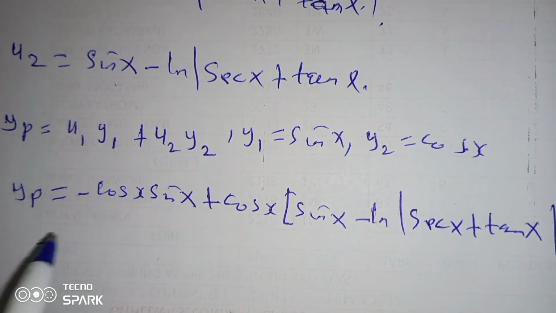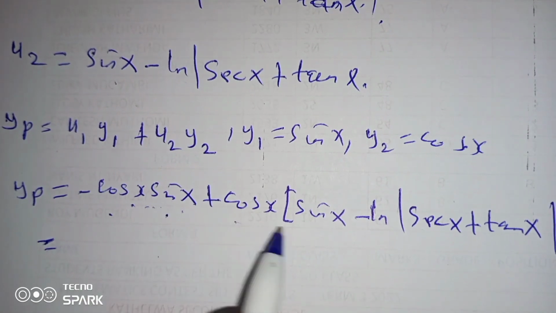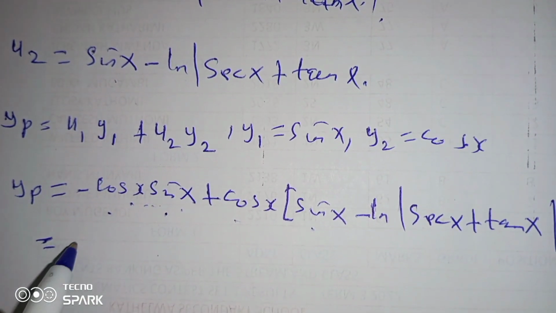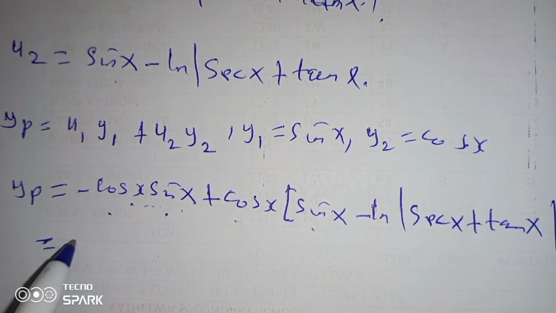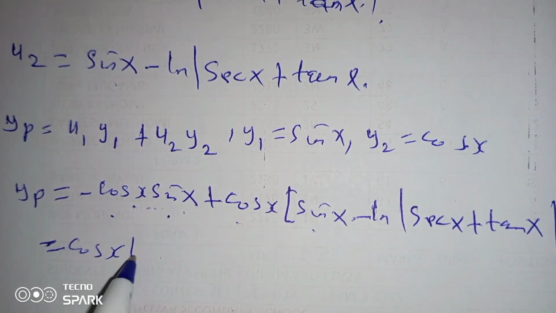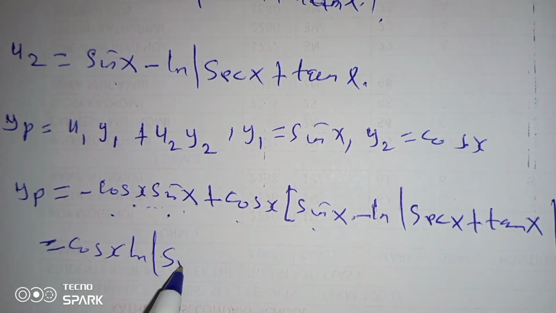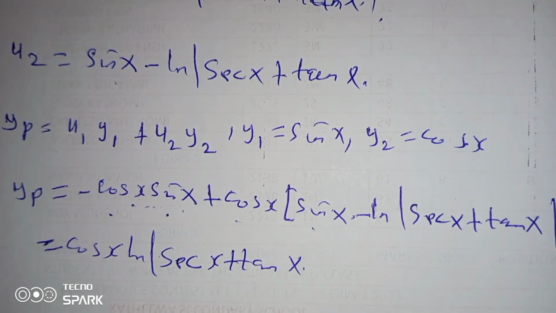That way, you can see cos of x multiplied by sin of x, and this one here will cancel, so that our yp will now be left with the cos of x negative, because of this negative here, natural logarithm of sec of x plus tan of x.